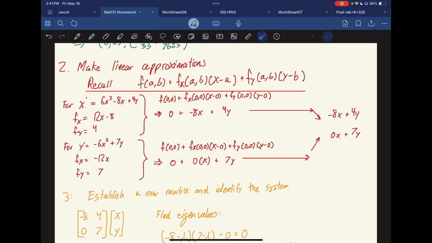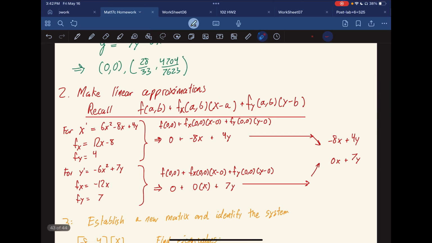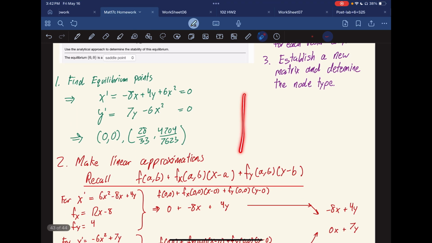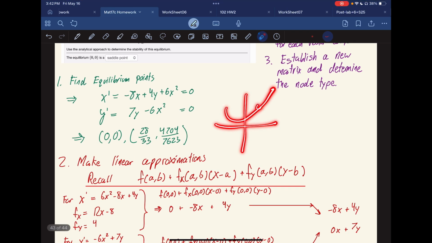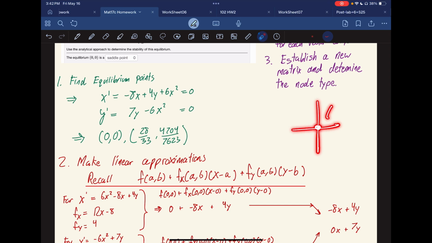After you do that, you plug in the equilibrium point. So (a, b) is equal to (0, 0). Because remember, the equilibrium point is where we're assessing the characteristic of the system, which in this example is (0, 0).